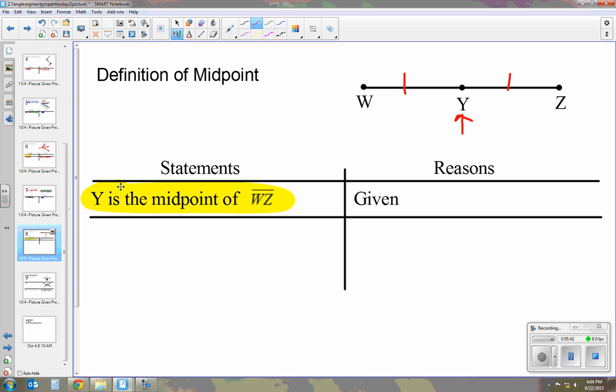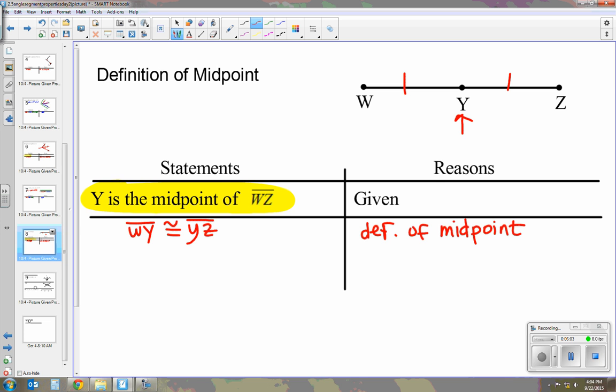So we can state that WY is congruent to YZ. And the reason is the definition of midpoint. We only can use this when I state that there's a midpoint. So you look for that in your given.